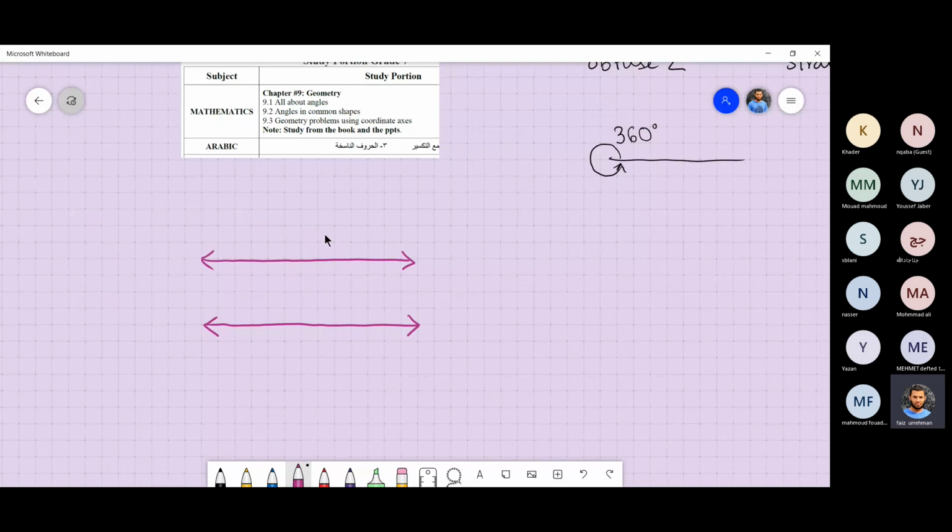Okay, so these are two parallel lines and they are cut by a third line. What is the name of this line? Who remembers this? No one remembers.